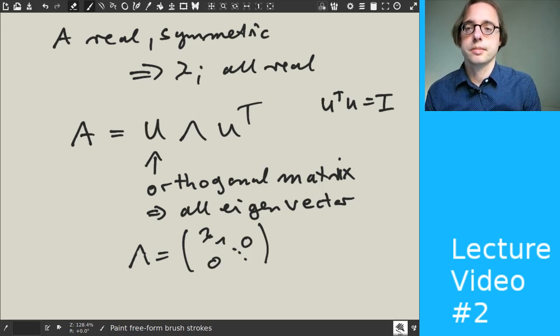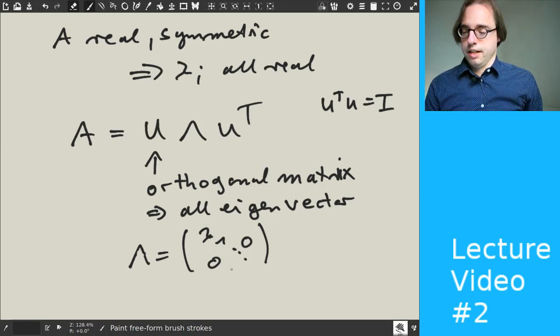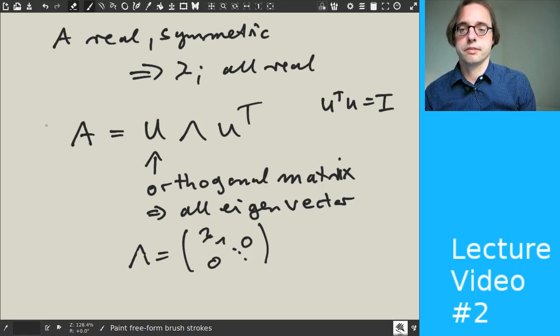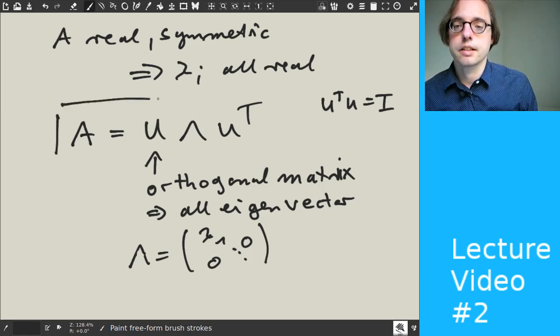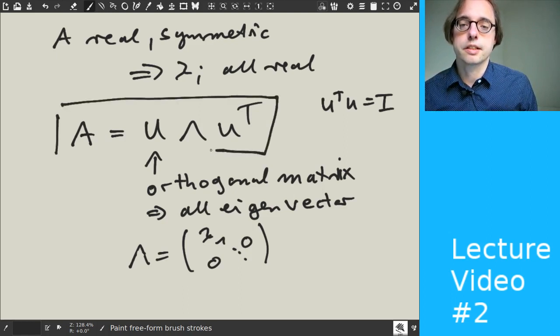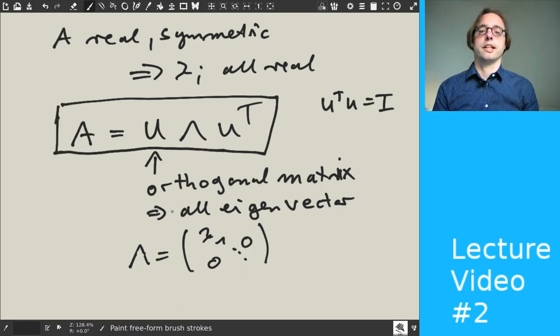That's our Lambda. So that's the eigenvalue decomposition, and that's really fundamental. Let me put this into a special box, because this is one of the things we will encounter again and again.